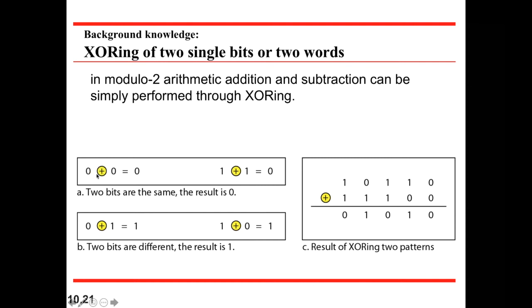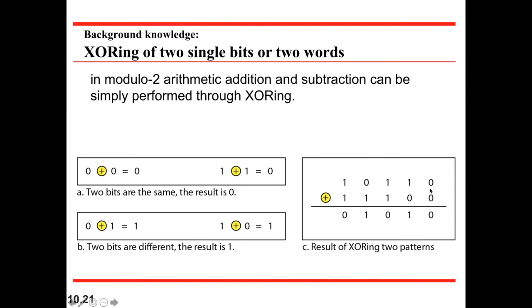XOR says when 2 bits are same, 0 0, the answer is 0. Same bits, 1 1, the answer is 0. When there are different bits, 0 1, the answer is 1. Different bits, 1 0, the answer is 1. If you have two data words or code words and you perform their XOR, you will perform XOR on individual bits.